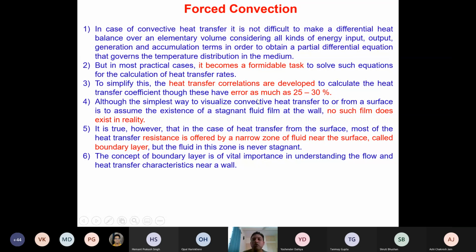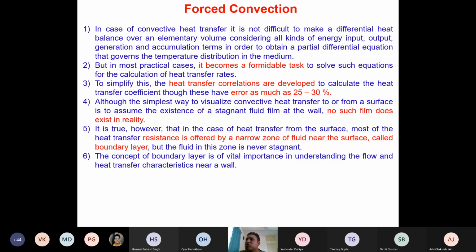So there is a 25 to 30% error in your prediction, but the point is you can still predict the heat transfer rate in nearly the same order of magnitude, even though it might not be exactly correct.